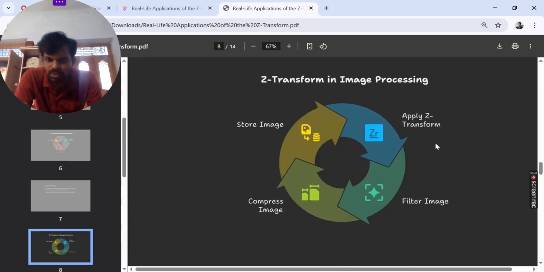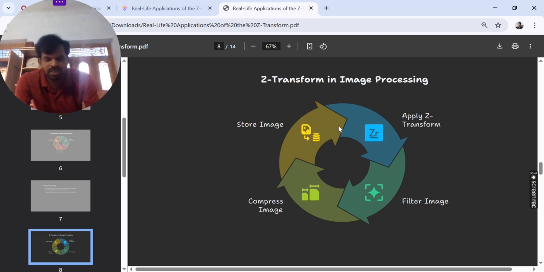And this is a pictorial representation of the Z transform in image processing. Apply the Z transform, apply the filter to the image, and after applying the filter, we perform the compression. After compressing only, we store that image. Why?